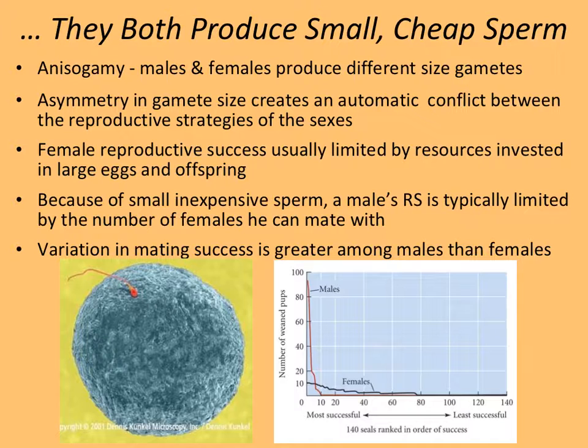Let's say you have two birds that decide to breed together, a male and a female. They build a nest, the female lays eggs, the young hatch, and they're provisioned by both parents, the male and the female. Now, right next door is another territory.